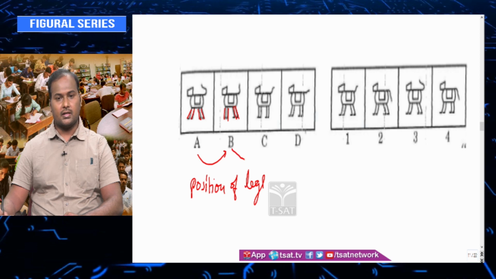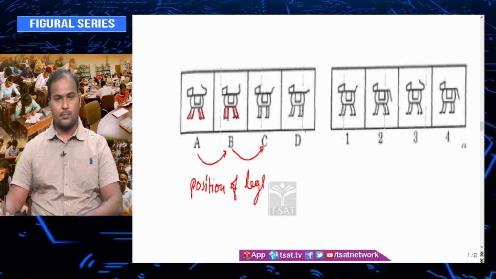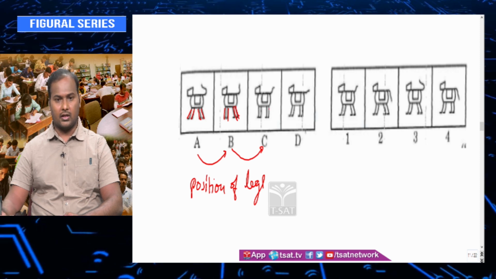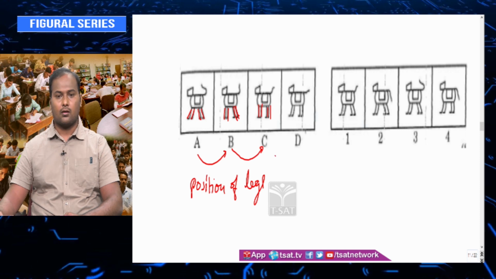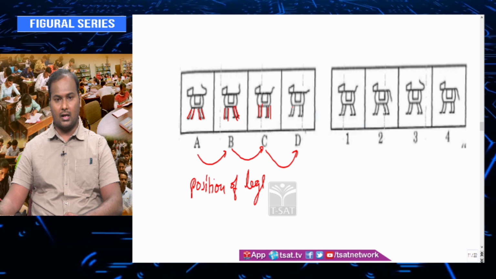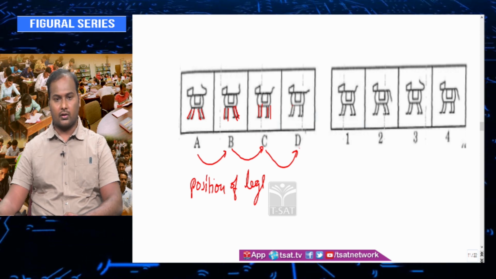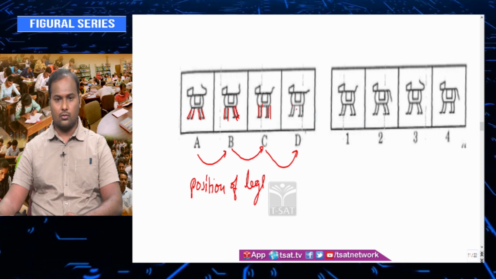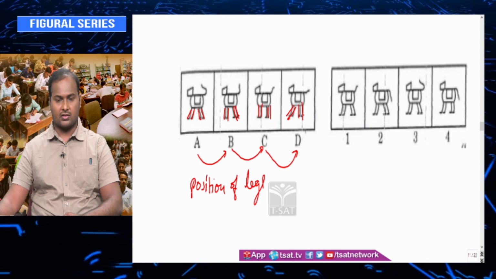Now you can see B to C. In B to C also, initially in figure B, these back legs are away. Now they came straight again. So in this case, now the legs are straight. Now observe from C to D. Again in C to D, if you observe the legs, now the legs are straight in C. If you come to D, the legs move forward. You can see that the legs move forward, whereas these legs are straight.